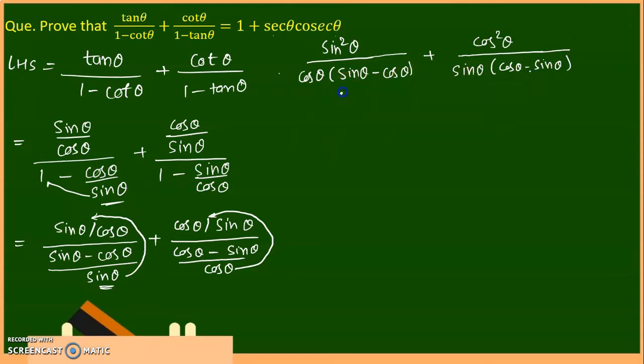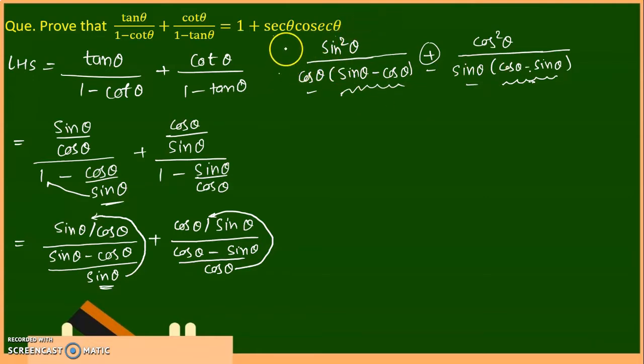So here if you want to take LCM, here we have sine theta minus cos theta, and here we have cos theta minus sine theta. So here if you take the negative sign common, then this plus will become minus, and here we have cos theta and here we have sine theta.